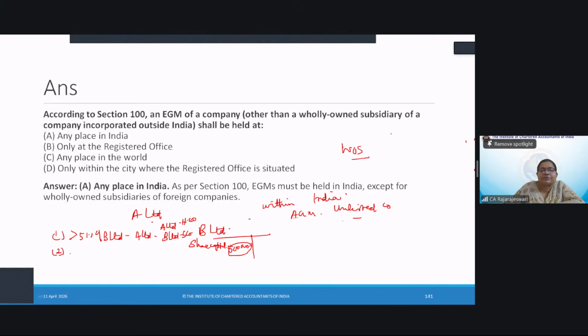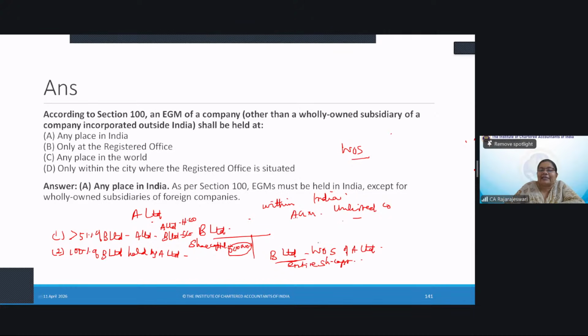Suppose in situation 2, 100% of B limited shares are held by A limited. Then you call this B limited the wholly owned subsidiary of A limited, meaning that B limited's entire share capital is held by A limited.